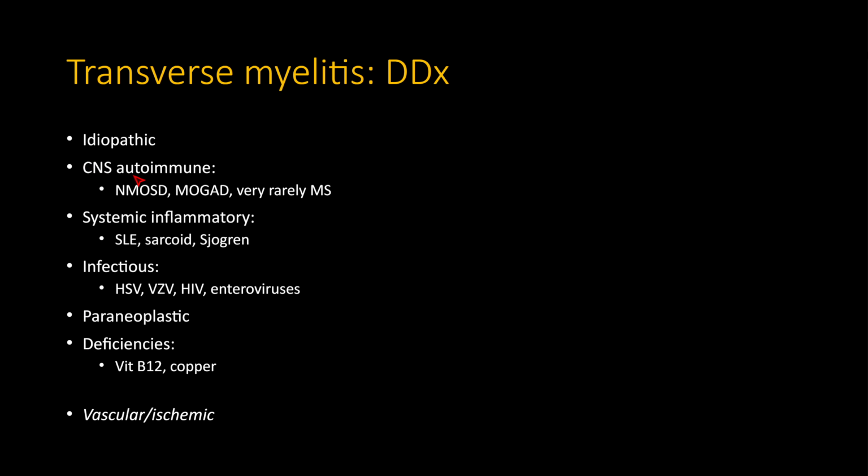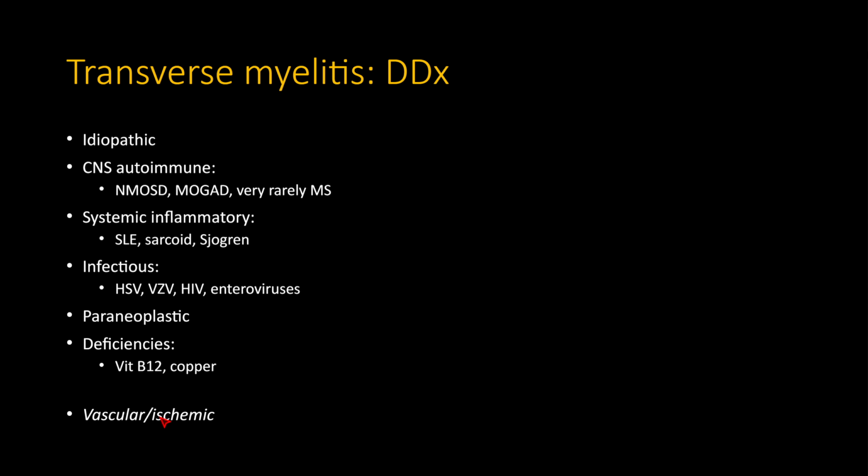These include autoimmune demyelinating conditions like NMO and MOGAD, which we'll talk about. Systemic conditions, infections can cause transverse myelitis, paraneoplastic syndromes, vitamin deficiencies, as well as vascular and ischemic etiologies can result in a transverse myelitis appearance. I italicized and put them a little bit separate because the definition of transverse myelitis excludes these vascular etiologies of cord problems.